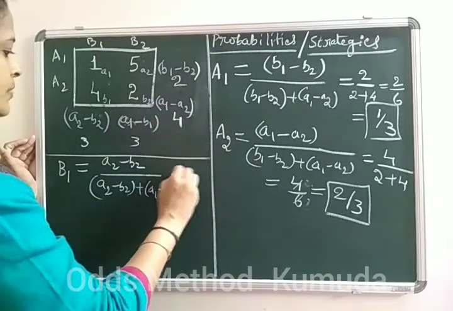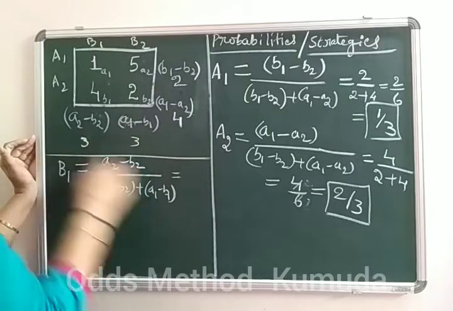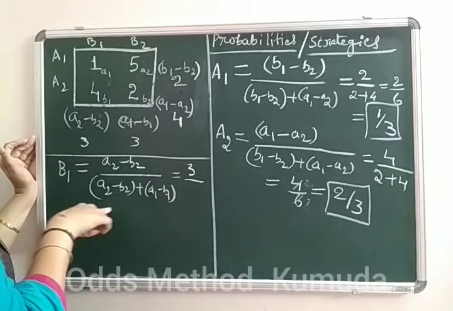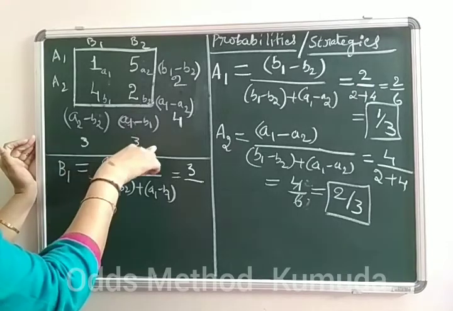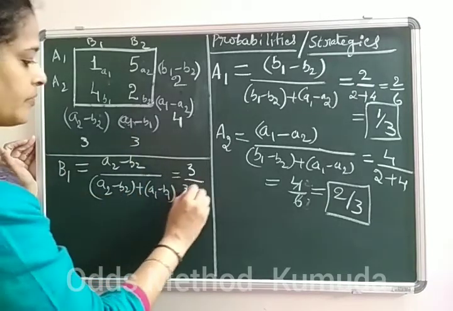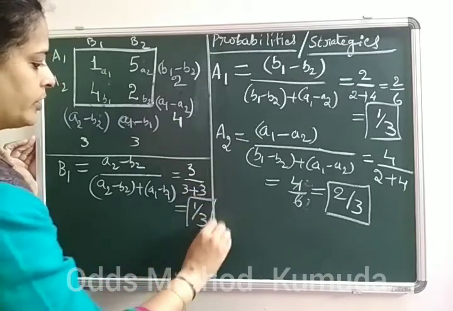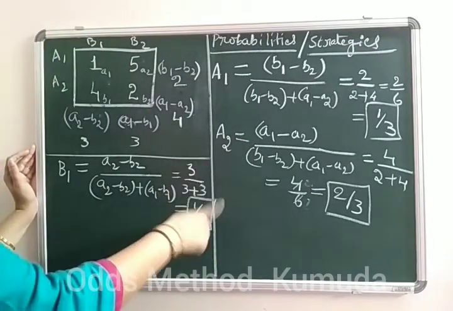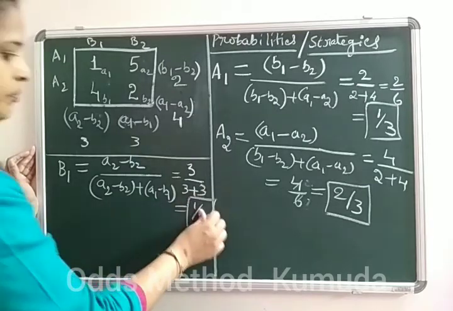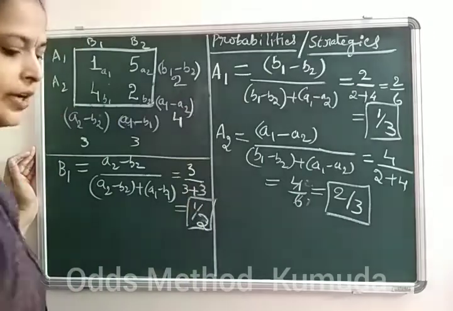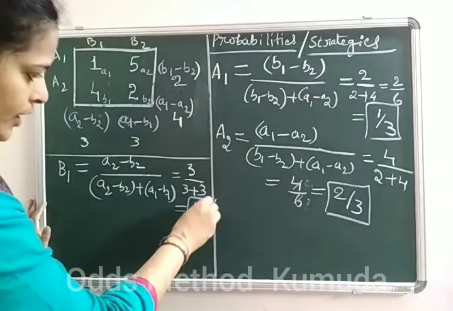So in this case, A2 minus B2 we have directly found as 3, and the sum of the first and the second column value is 3 plus 3, 6. So this becomes 3 by 6. Correct? 3 1s are 3 and 3 2s are 6. So you get 1 by 2 as the value here.